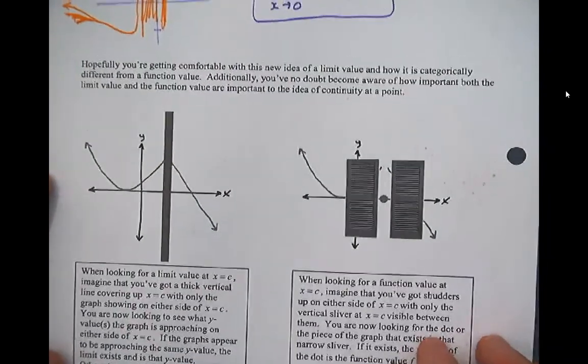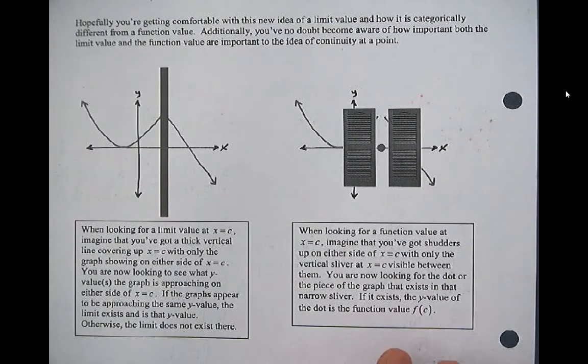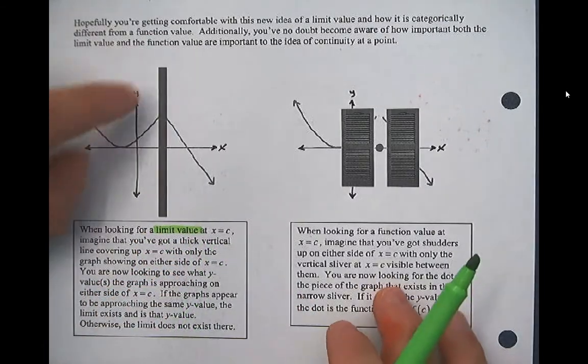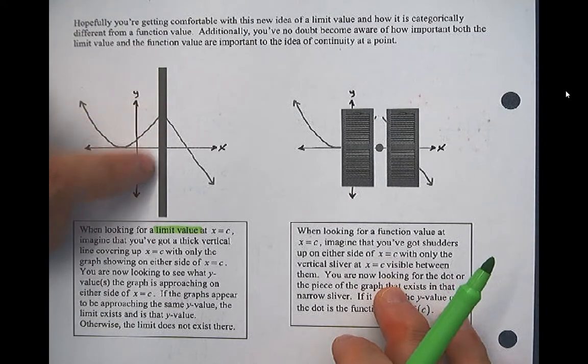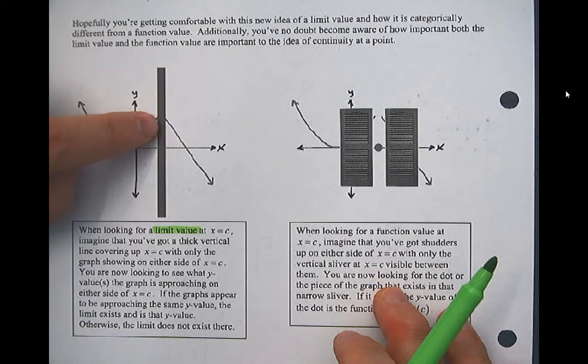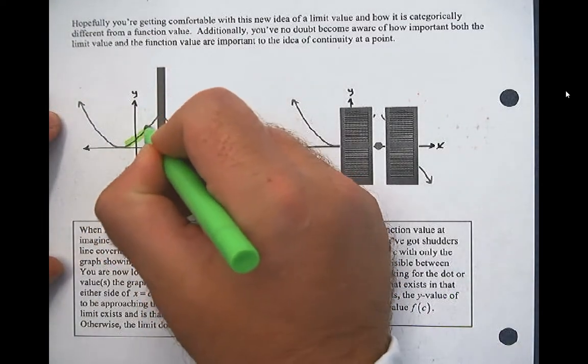So what's the idea now of finding the limit versus finding the function value? When looking for a limit, this is a picture of how you look for a limit. In other words, you can pretend like you don't have any idea. You have this thick vertical line covering up the point. You don't know what's happening to the point, but what you're looking for is what's happening to the graph.